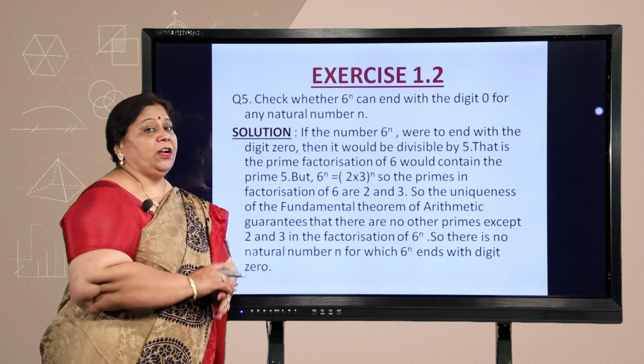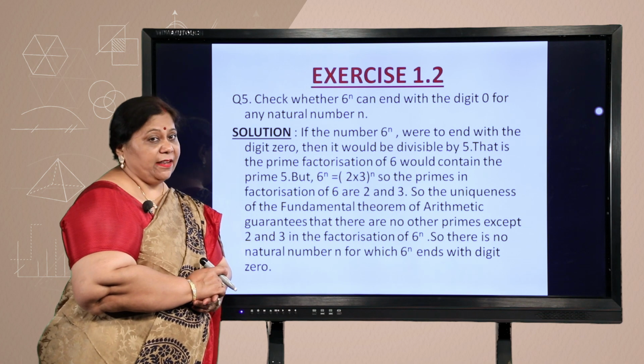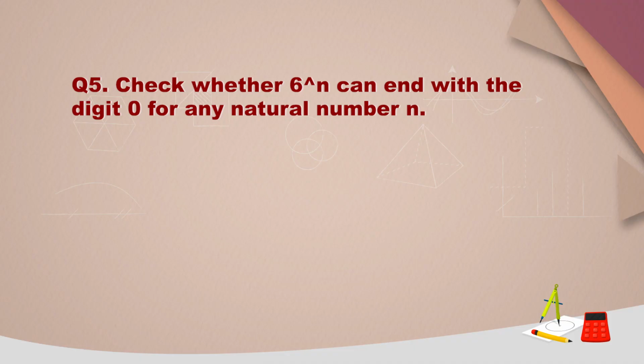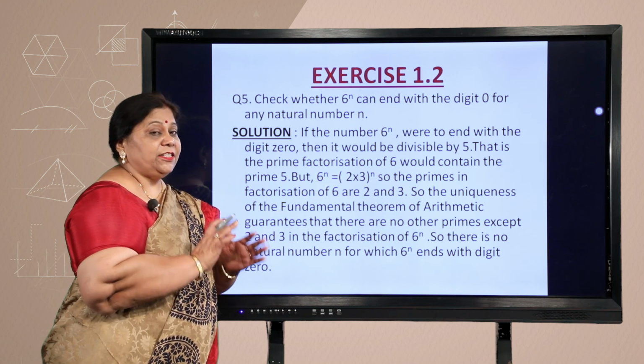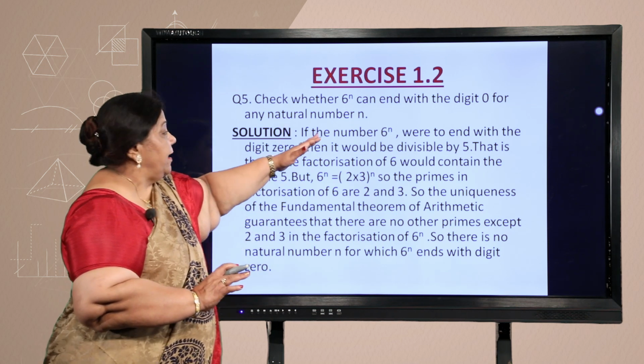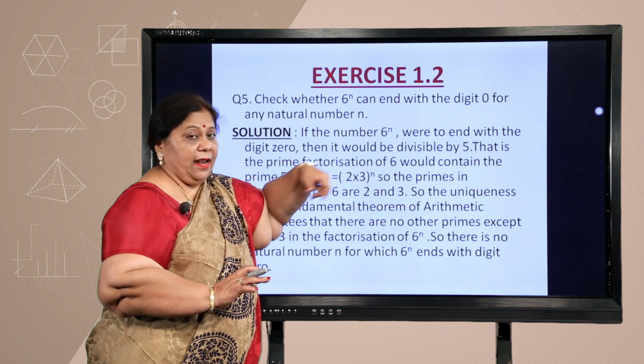This is based on logical reasoning and fundamental theorem of arithmetic. The question says, check whether 6 to the power n can end with the digit 0 for any natural number n.